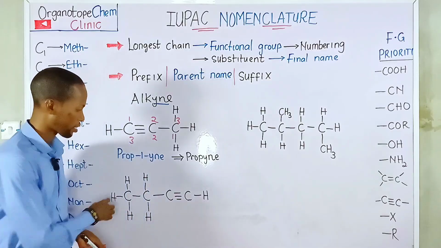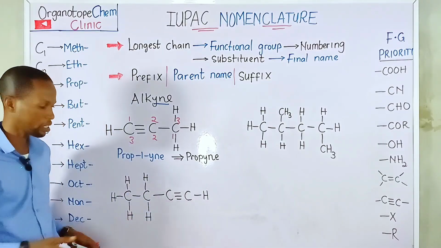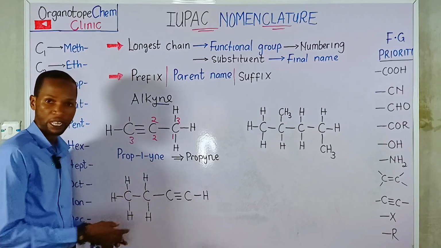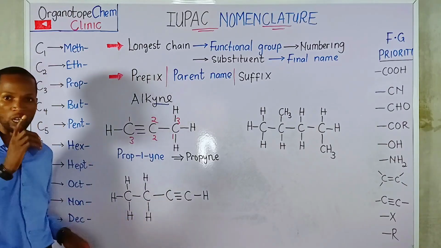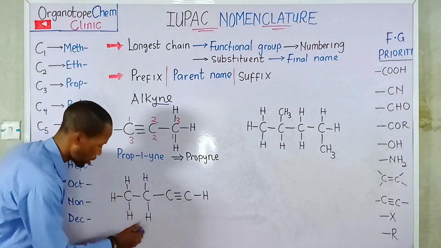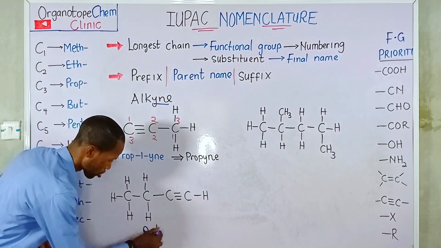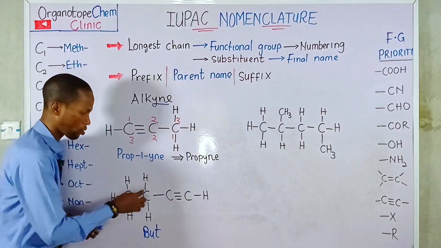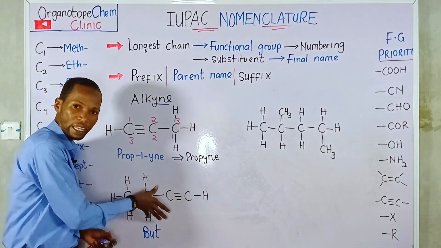Moving on, we have another example right here. We have to name this organic compound. In this organic compound, there are 4 carbon atoms. So what prefix name is given to a compound with 4 carbon atoms? We have but. So the parent name is but. Now we are expected to identify the functional group in this compound. We can see a triple bond in this organic compound.